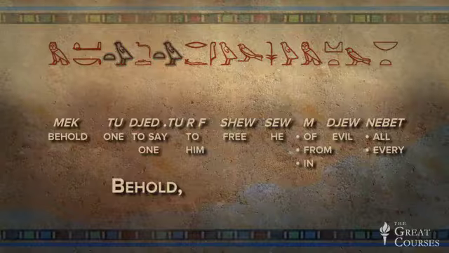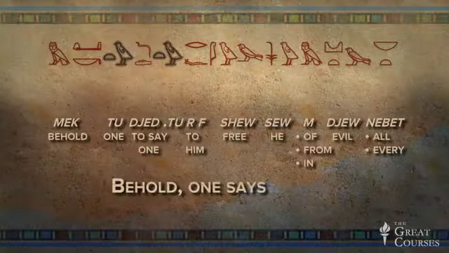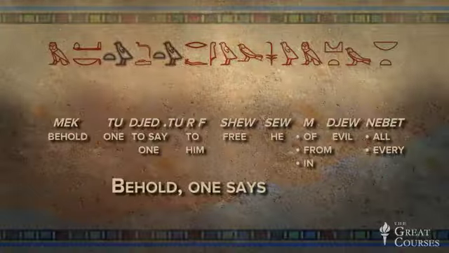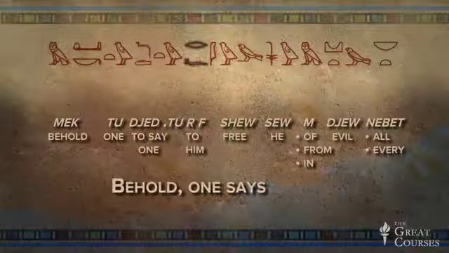The verb is to say. So the to, the loaf, quail chick, following it, makes it one says, or it is said. Now, what follows this is a mouth and a viper. It could be his mouth, but that doesn't make much sense. Besides, if it meant mouth, it would probably have a stroke.